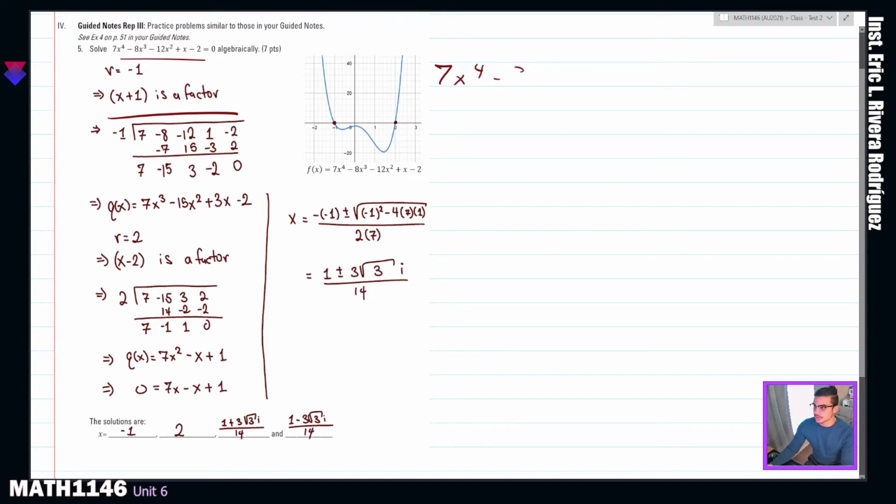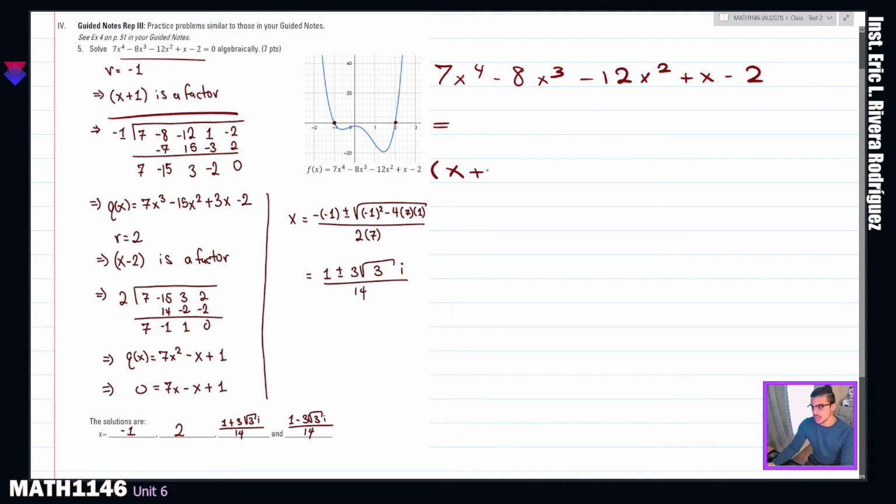The equation that we are working on in this exercise has a factor form, and I'm going to write the factor form just using the real zeros.